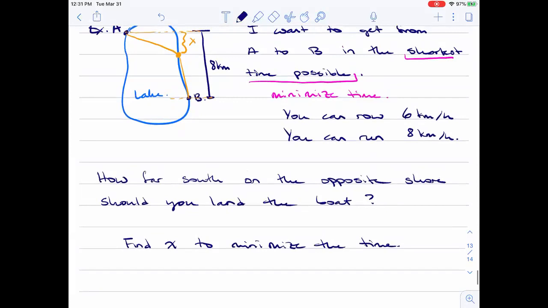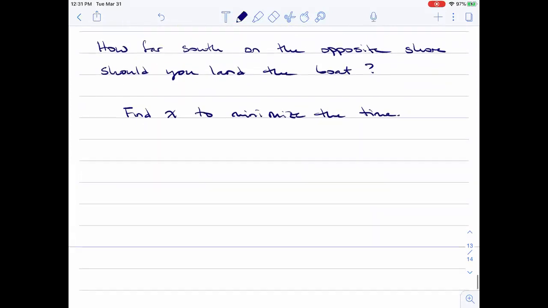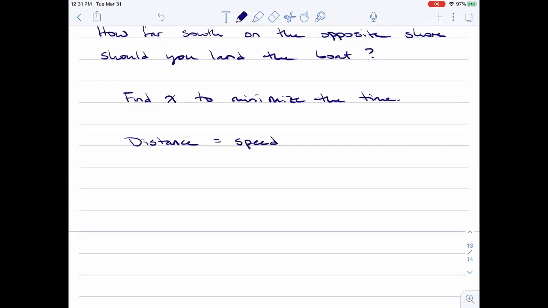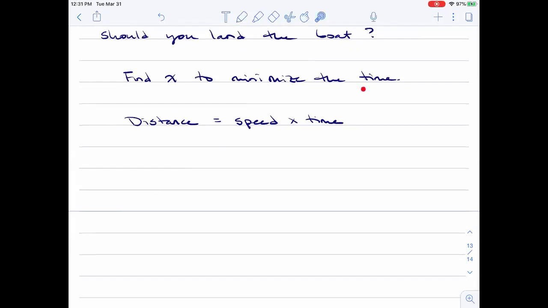Now, what's a little bit tricky here is that we've got speeds and we want to talk about time, but we've also got distances. So we have to remember the relationship that distance is the speed times the time. Time is the thing I'm interested in. Solving for time, I get that time must be distance divided by speed.